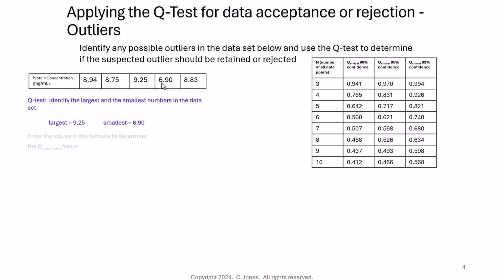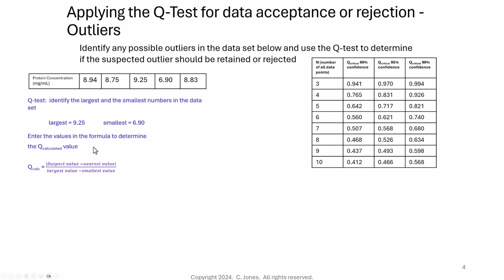So now let's enter the values in the formula to determine our Q calculated. It's going to be the suspect value, 6.90, minus the nearest value. So what's the next smallest number in this data set? It looks like it's 8.75.